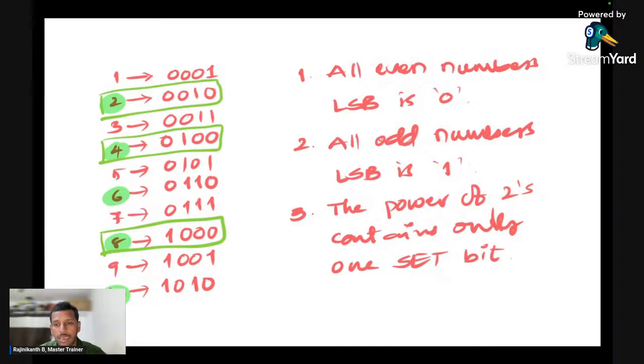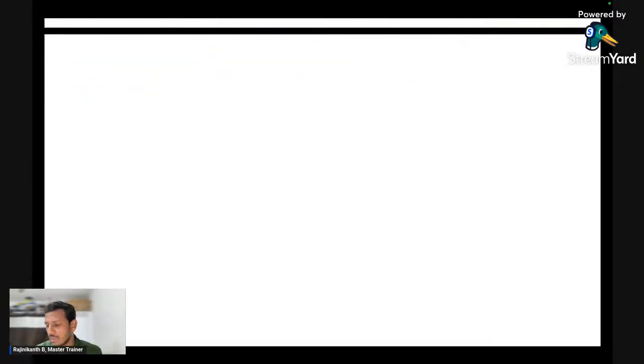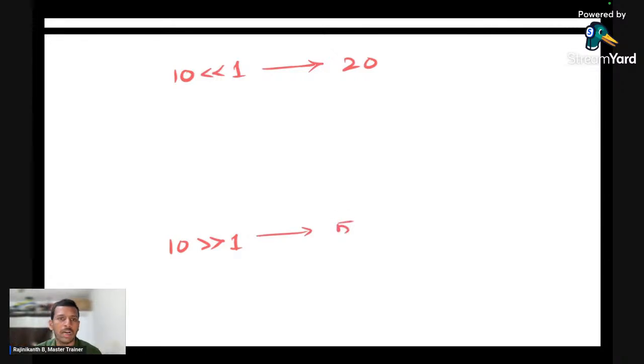Okay, and did you observe what happened when I used 10 left shift by 1? What was the result? It was 20. Right? And when I performed 10 right shift by 1, the result was 5. That means it is easy to make this calculation.